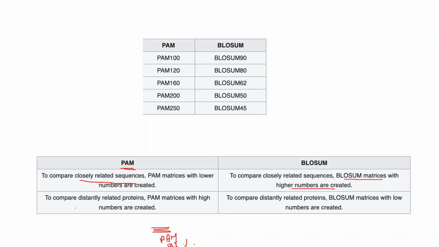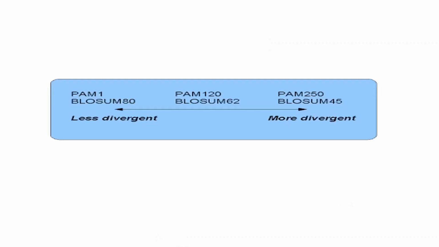When you want to compare distantly related proteins, you require higher PAM values and lower BLOSUM values. In this graph, the common or medium PAM and BLOSUM values are PAM 120 and BLOSUM 62. BLOSUM 62 is the default substitution matrix for BLAST alignment, so you have to remember that.